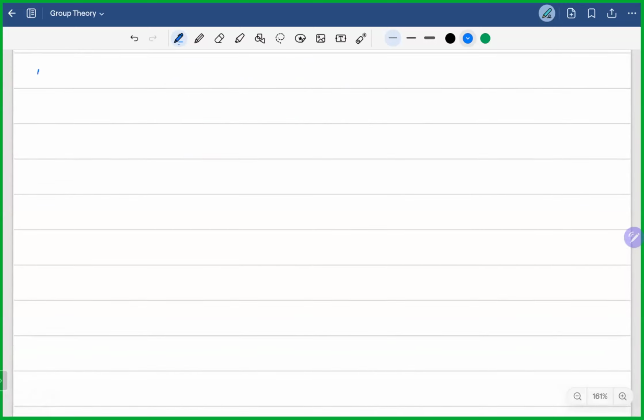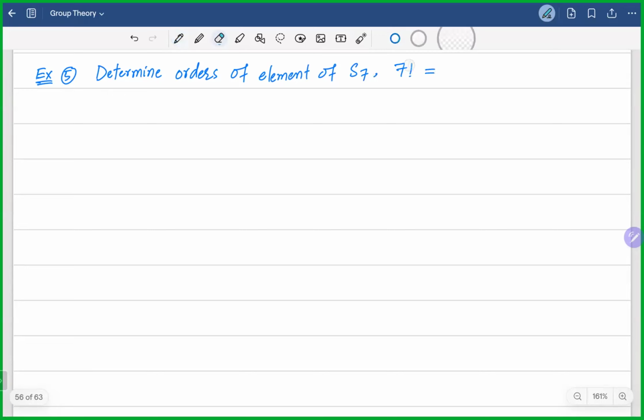So example 5 says to determine the orders of the 7 factorial elements of S7, where the order of S7 is 7 factorial, which is 5040. So there are 5040 elements in S7.